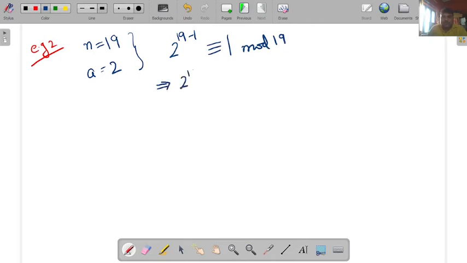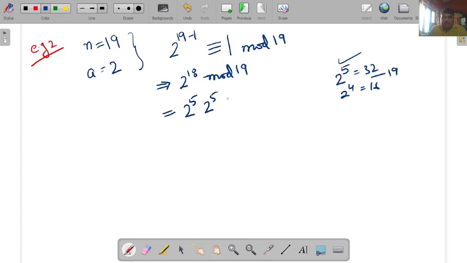2 to the power 18 mod 19. What can you write? 2 to the power 5 is equal to 32, 2 to the power 4 is 16, and 19 comes in between, so we will take 2 to the power 5. We can write 2 to the power 5 multiplied by 2 to the power 5 multiplied by 2 to the power 5 multiplied by 2 to the power 3, since 5 plus 5 is 10, plus 5 is 15, plus 3 is 18, mod 19.